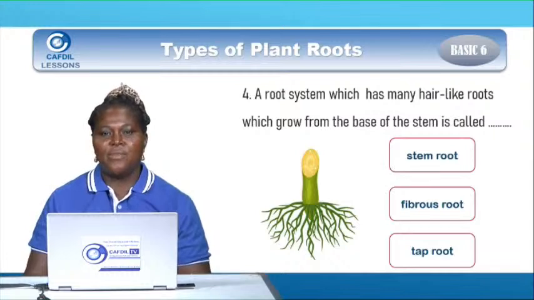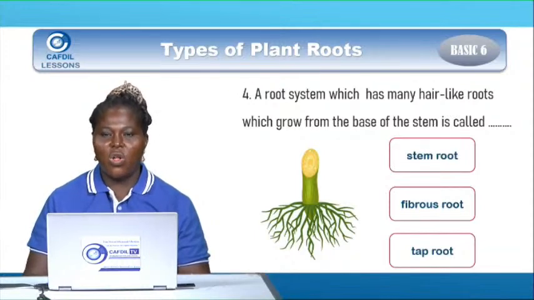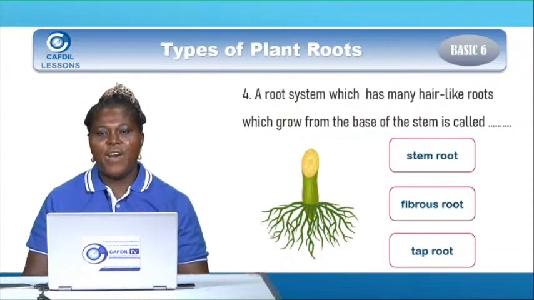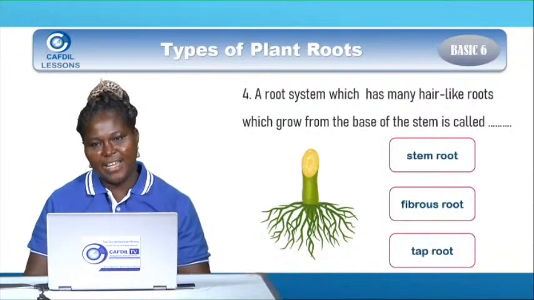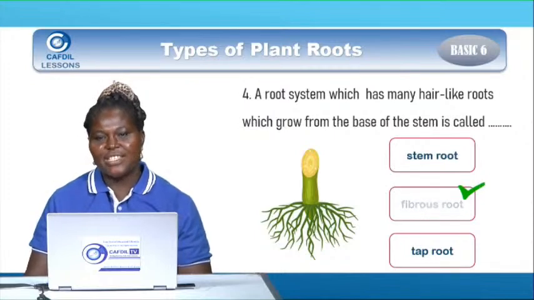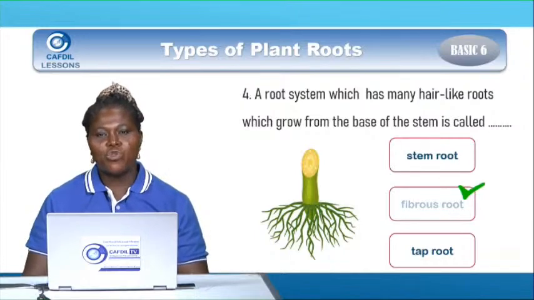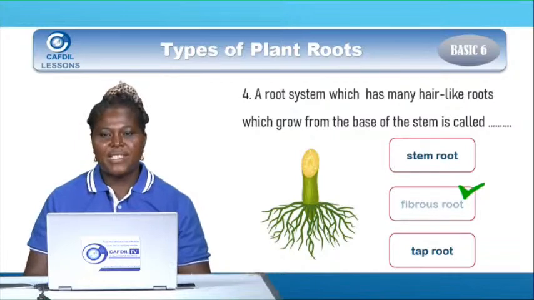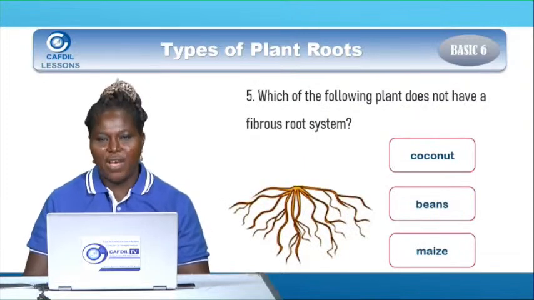Which one is the answer? Yes, it's the fibrous root. So a root system which has many hair-like roots which grow from the base of the stem is called fibrous root. And the last question, number 5.